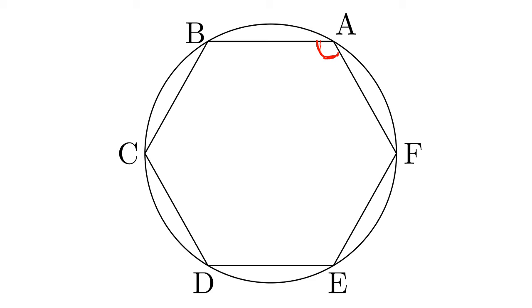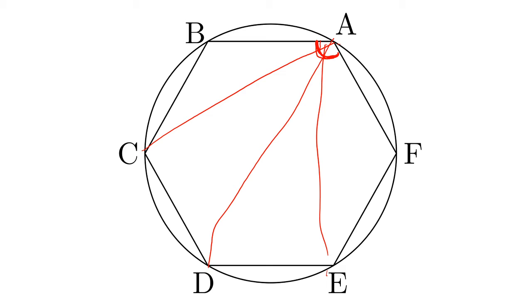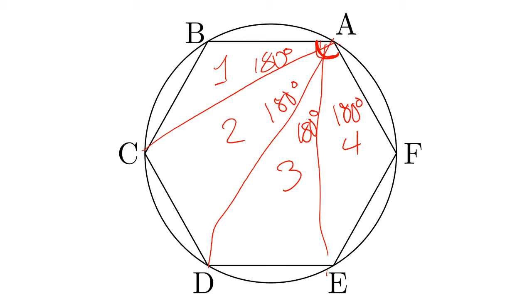So for instance, what is the measure of angle A? Well, we saw before that we divided it up into 4 triangles. 1, 2, 3, 4. We have 180 degrees plus 180 degrees plus 180 degrees plus 180 degrees. Well, we found that all of the angles in the hexagon add up to 720 degrees.